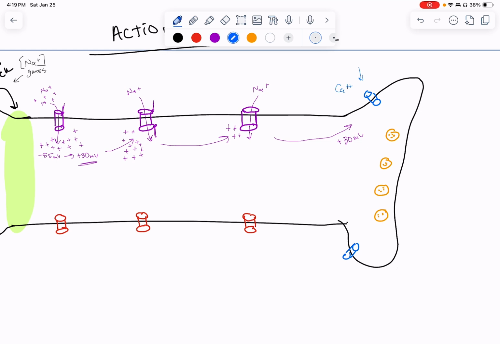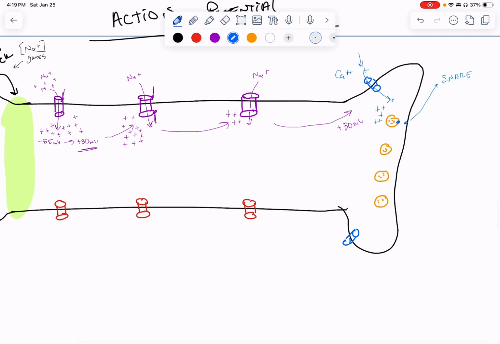And when calcium rushes into the cell, this change in polarization is going to cause these little things called snare proteins. These snare proteins are activated by calcium. They're going to bind to these little vesicles full of neurotransmitters.